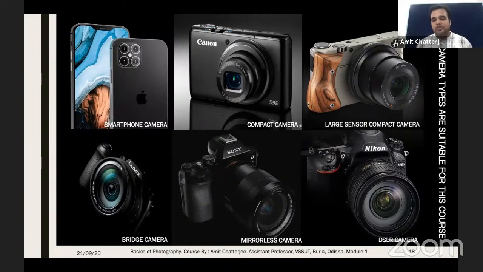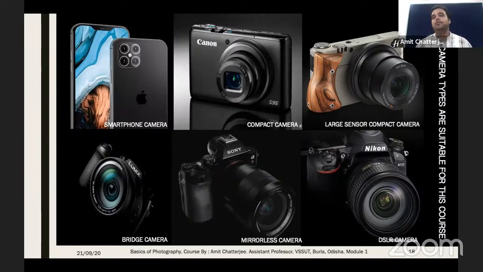The only difference between a mirrorless camera and a DSLR camera is that a mirrorless camera doesn't have a mirror inside, and a DSLR has. When we talk about the entire working of the camera in module 2, I'll show you a section through the camera, and you'll understand that there is a mirror which reflects the light to the sensor, and that mirror is there in a DSLR and not in mirrorless cameras.